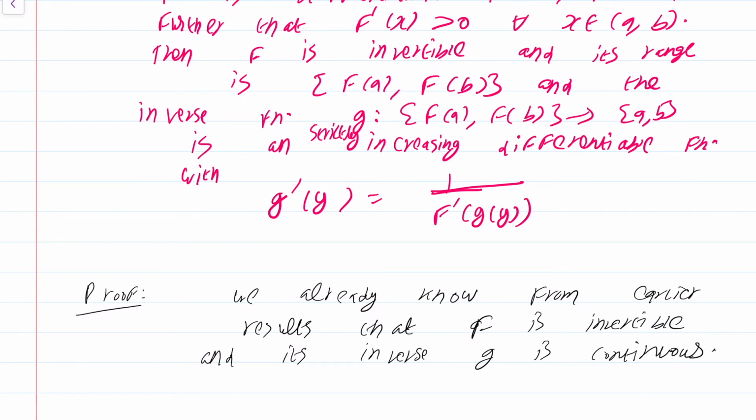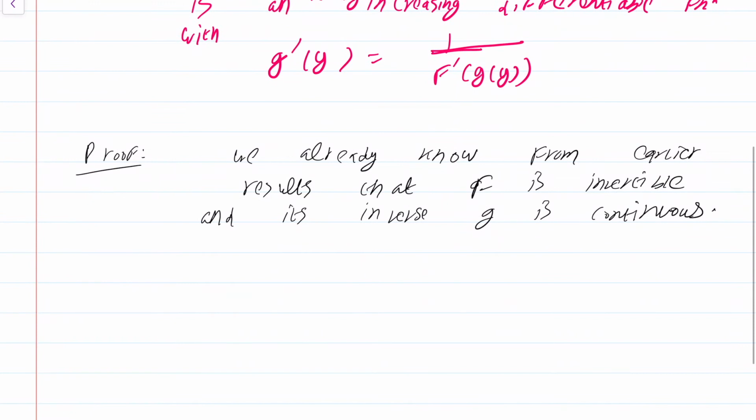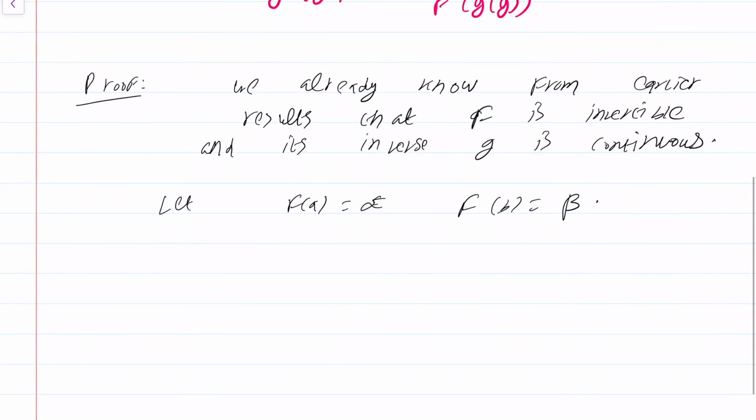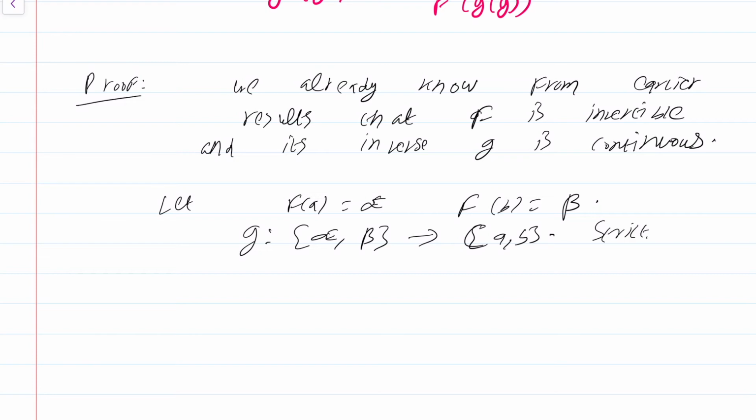This much we already know. Well, what we do is the following. Let f(a) be just alpha and f(b) be beta. We have this function g from closed interval [alpha, beta] to closed interval [a, b]. The fact that this is strictly increasing is obvious.